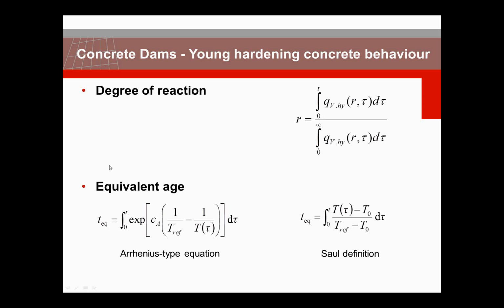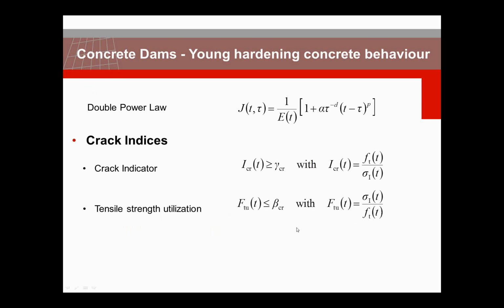And in the same way we can define equivalent age. We have two types of equivalent age, an Arrhenius type and a Sol definition. In this analysis we also considered creep, so therefore we defined a double power law definition.